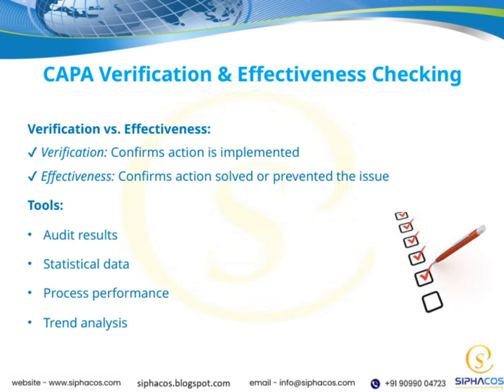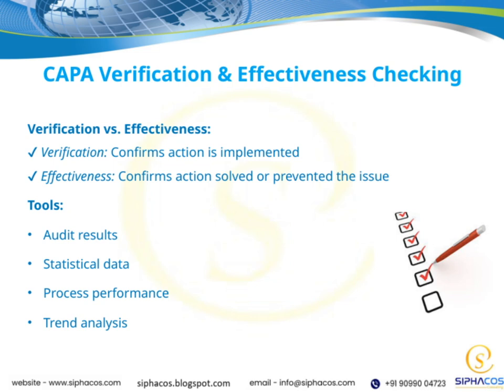To assess this, we use various tools. Audit results are valuable because they provide an independent review of whether actions were completed correctly. Statistical data helps us analyze trends and patterns over time, giving us insight into whether the problem is under control. Process performance metrics allow us to see if the process is functioning as intended after the corrective action.